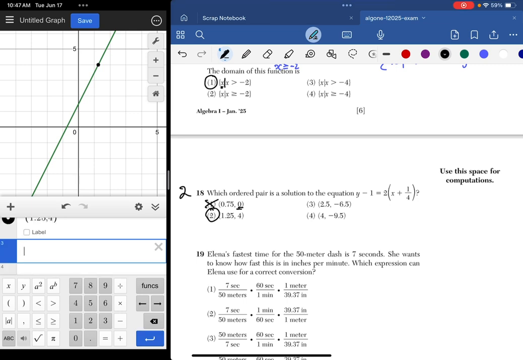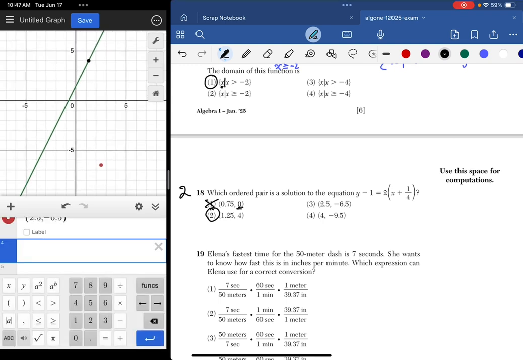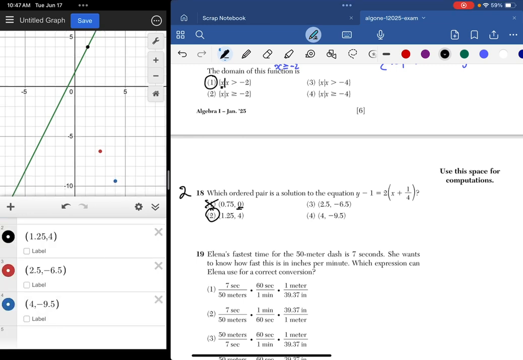To play it safe, 2.5, negative 6.5, I should say. Off the grid. Yeah, there it is. Not on the line, so no help there. And then 4, comma, negative 9.5. Same deal, not on the line, so we're good.